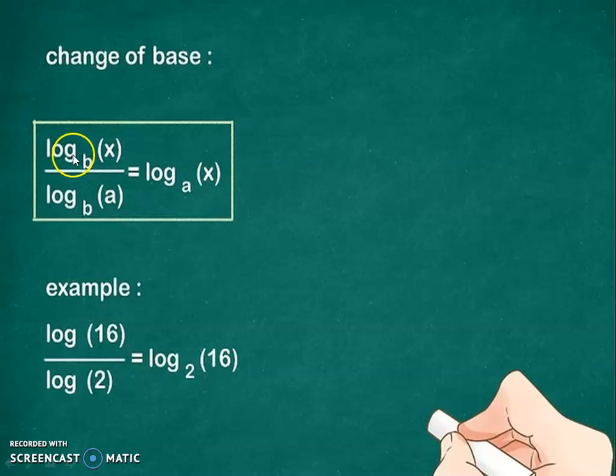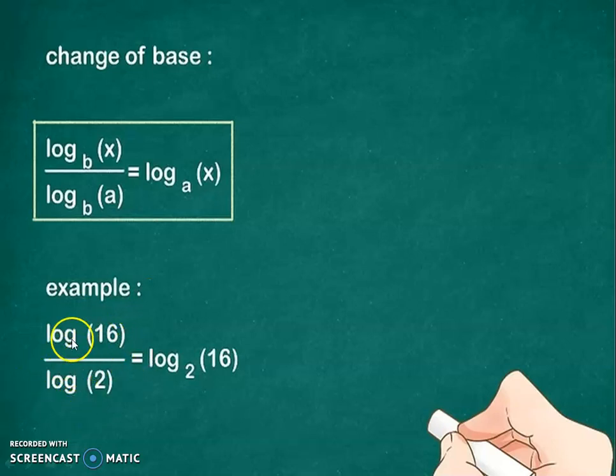I repeat again, in the change of base rule, we can shift RHS to LHS, and also LHS to RHS. That is, log x to the base b upon log a to the base b is equal to log x to the base a. We understand better by taking an example based on that expression.